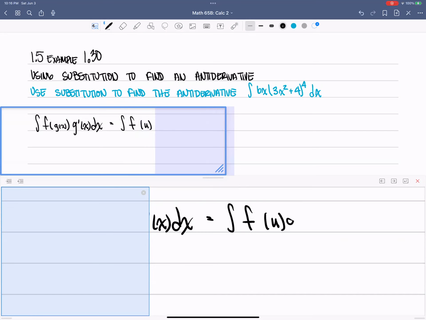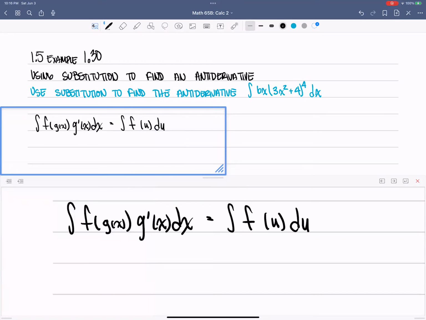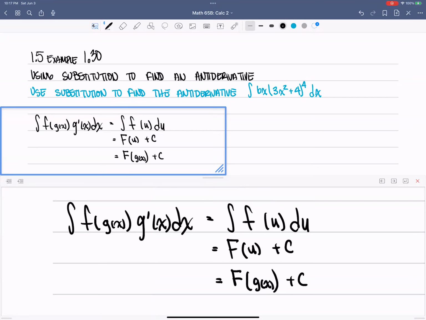So a general term like that ends up being f of u, so some u function with the constant. And since we were always in terms of x, let's flip it back in and say that f of g of x plus c is our actual function.